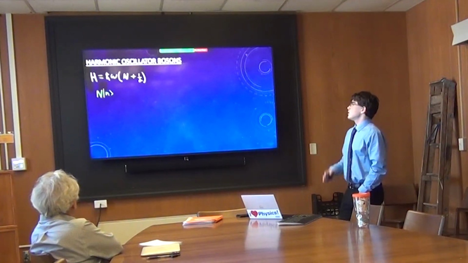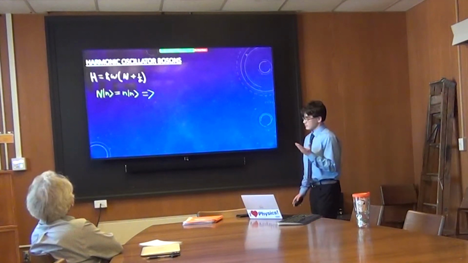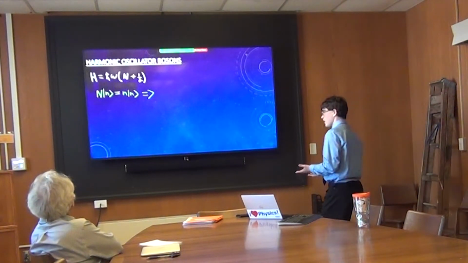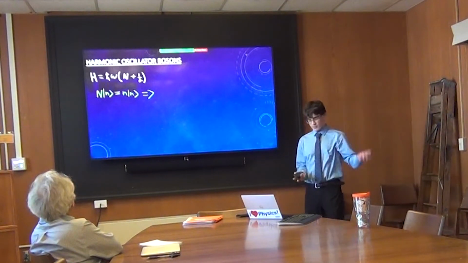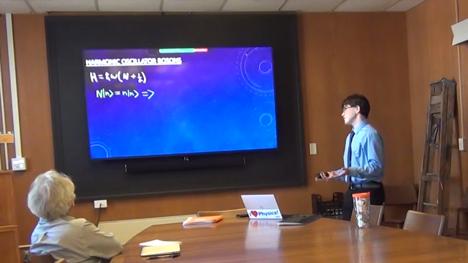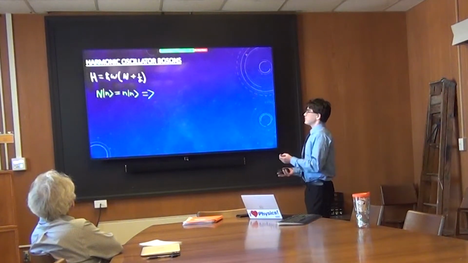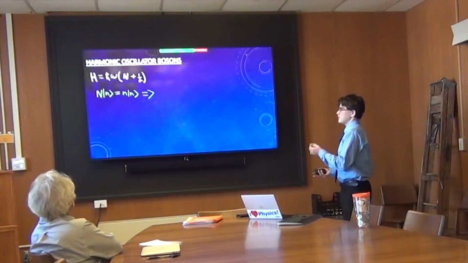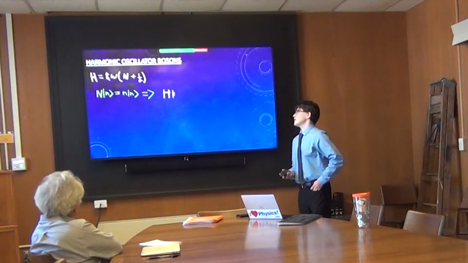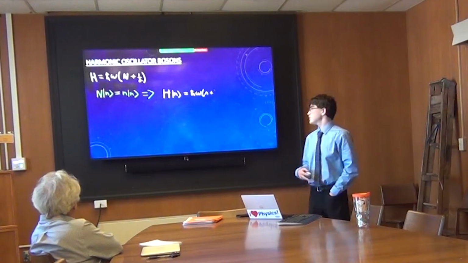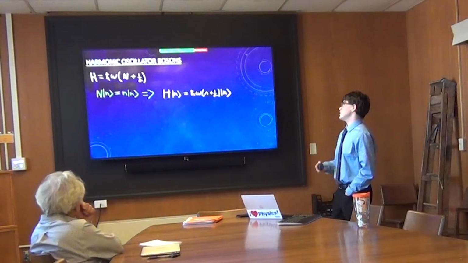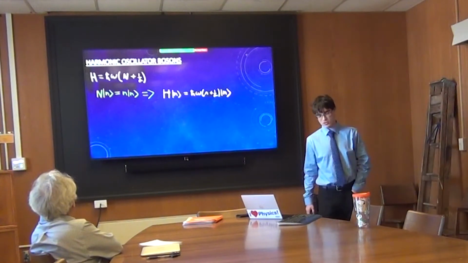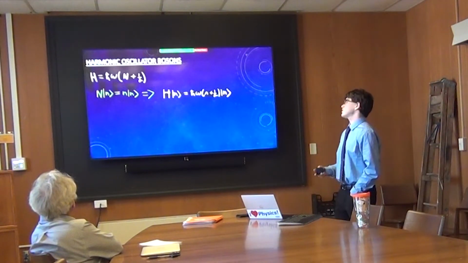So we look at our number operator. If this acts on some eigenstate n, it will return some eigenvalue n as well. If H is a function of the number operator, that means that it's also diagonal in little n, which means when it acts on little n, we now get h bar omega times (little n plus half) times the original eigenfunction, eigenvector.